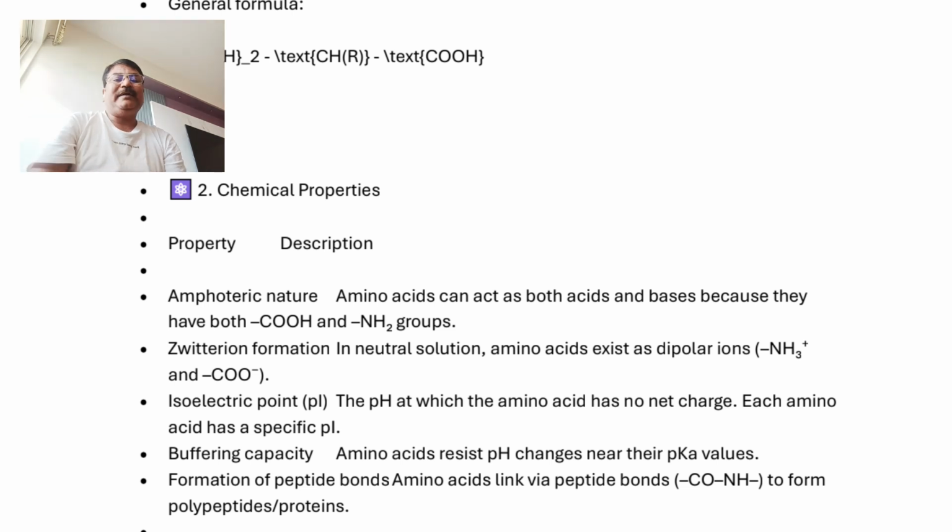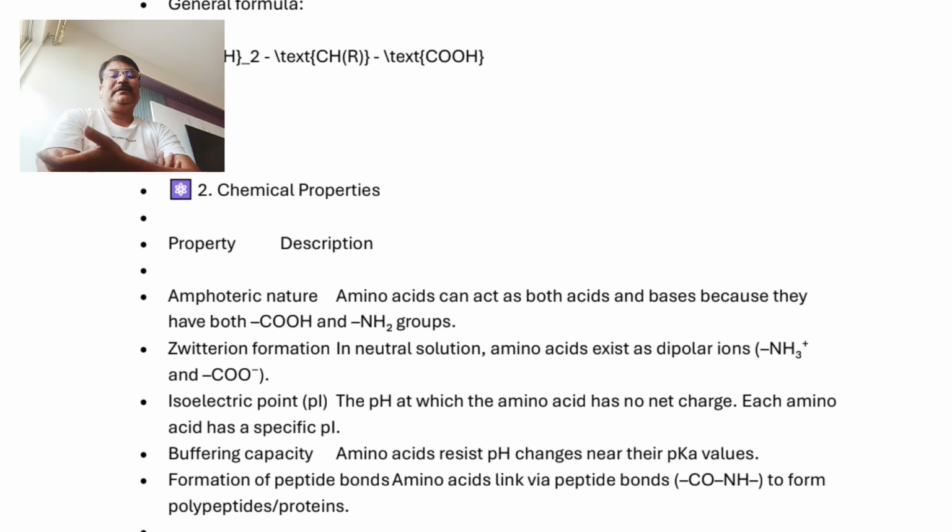Fourth important is buffering capacity. Alpha amino acids have buffering capacity, that is, they resist change in pH near their pK values.